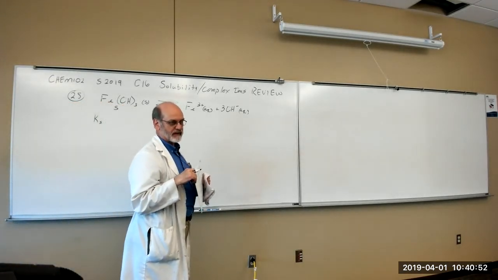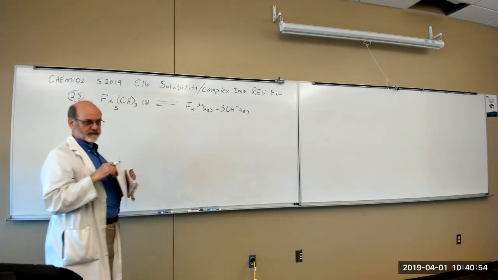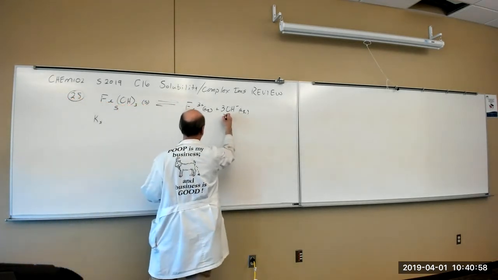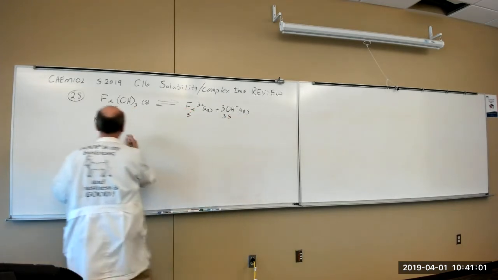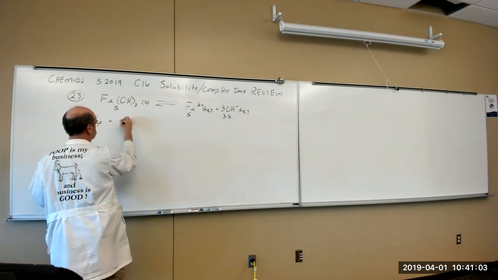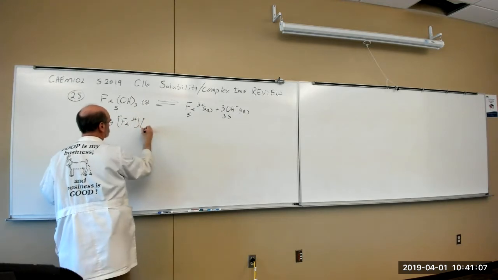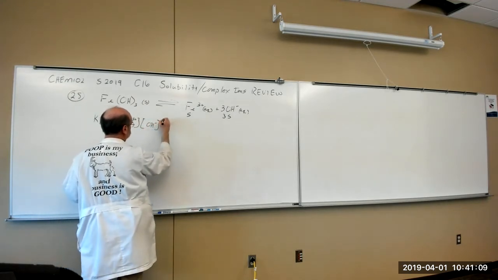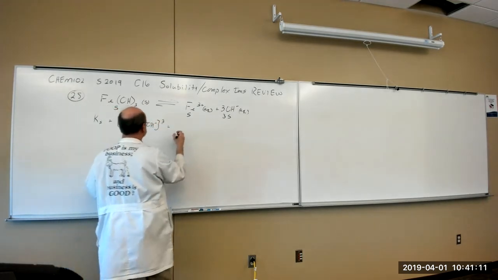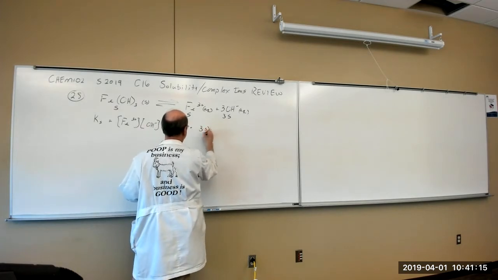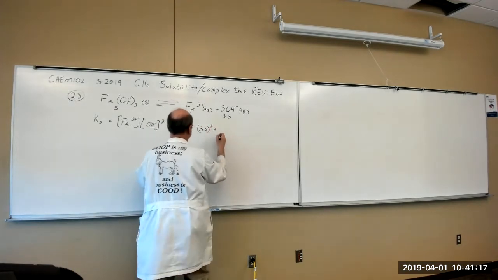So to find the Ksp, that would be the products, Fe times OH cubed, divided by Fe(OH)3.